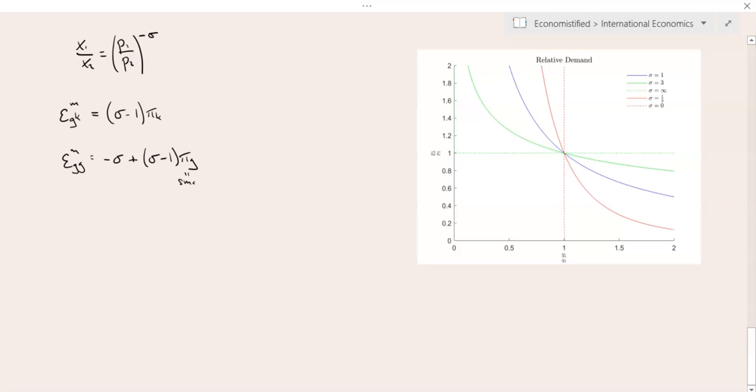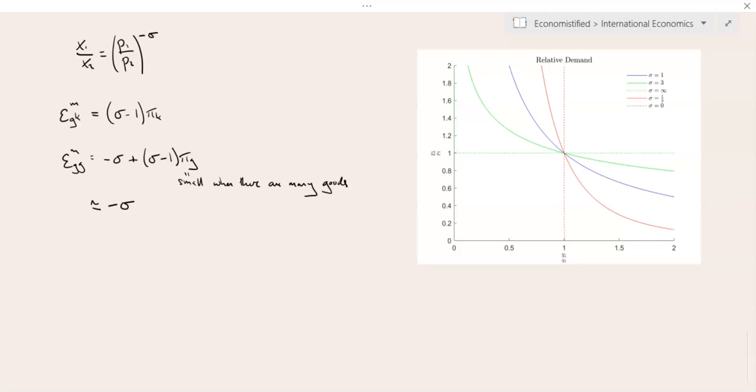So this pi G is going to be small when there are many goods. And so very often in macroeconomic models, you'll see an assumption stated that there are very many goods, so we're going to assume that the own price elasticity is actually just equal to minus sigma.